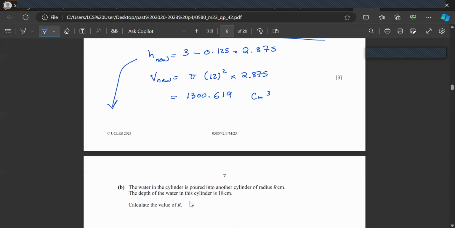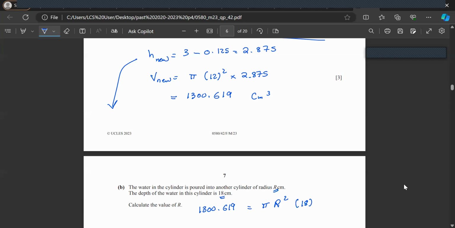This volume is poured in another cylinder with depth 18. So this new volume, I am going to use it in another cylinder, which is pi r squared h. He said the radius equals r, and the new h is 18.